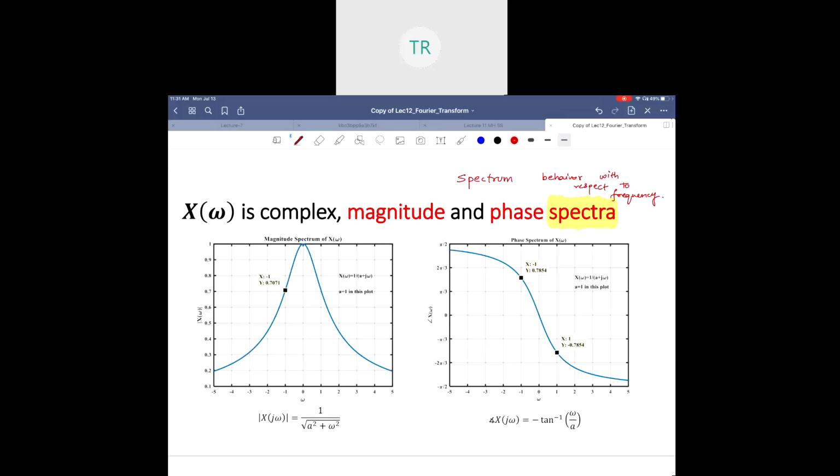The entire graph. Well, you have both of them, right? You have magnitude spectrum and phase spectrum. So magnitude spectrum is on the left, phase spectrum is on the right. So you have both of them.